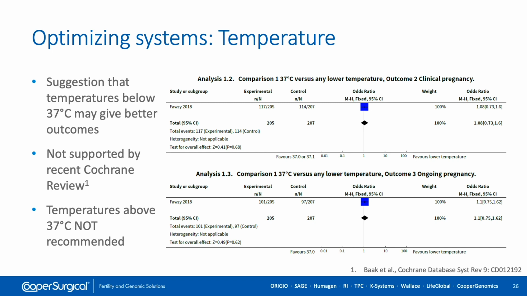So again, close attention to temperature in your laboratory is important, and it needs to be monitored, if possible, using temperature probes in the droplets to ensure that they remain constant and at the right temperature throughout embryo development. As I said, with oxygen tension, there have been many publications in this area. 5 are listed here.